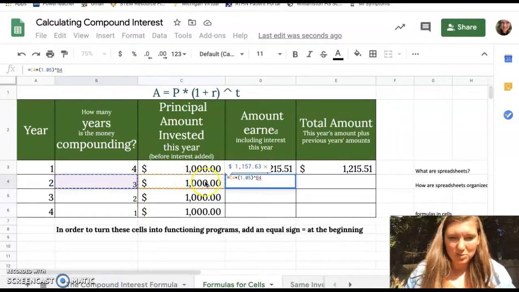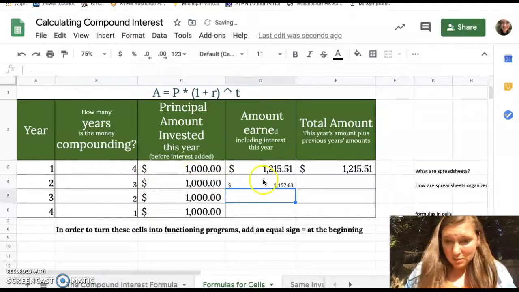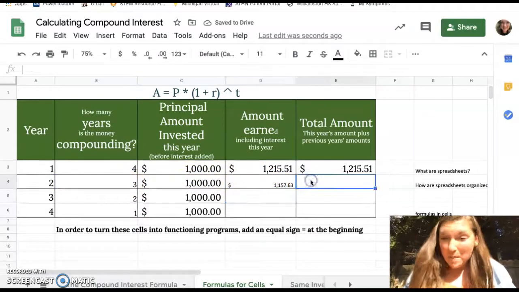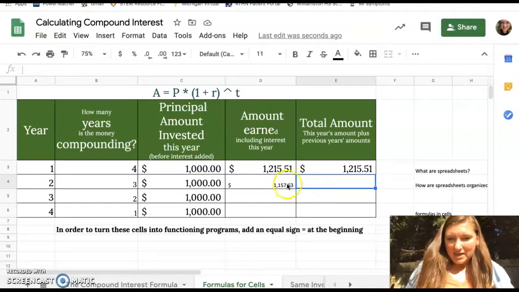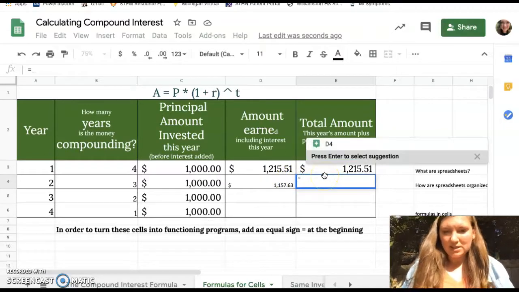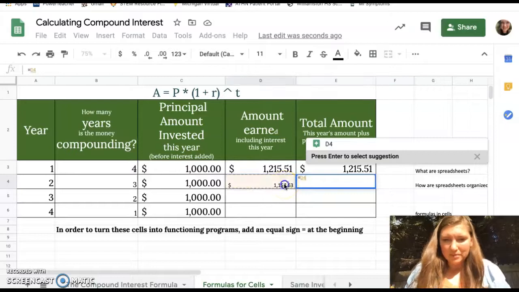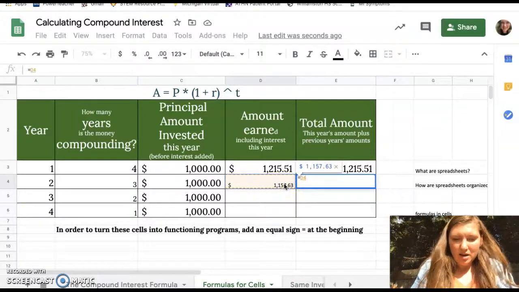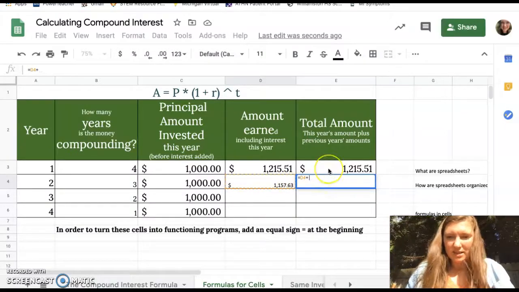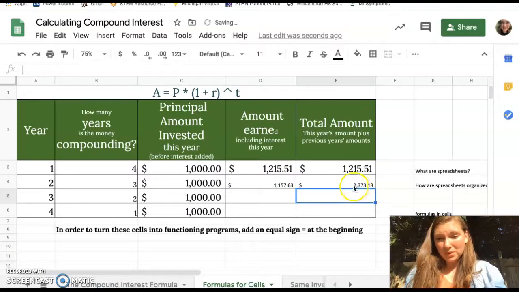That $1,000 I put in the next year, so it only sat there for 3 years. So I'm going to say equals, and that's how much money I made that year. But then we add that amount to this amount. So this is the cell where we say equals D4 plus the amount that we had the year before.